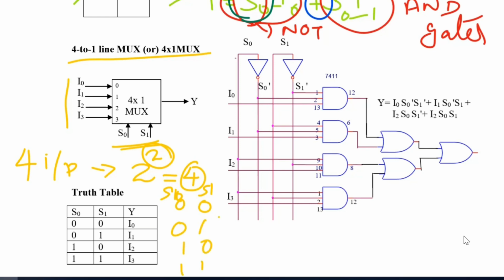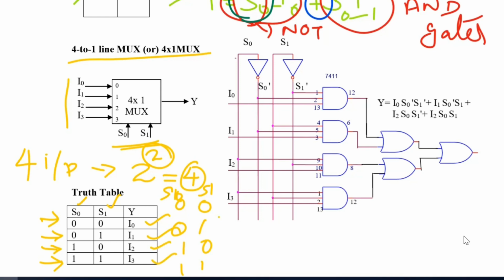So for 4 inputs we need 2 selection lines with 4 combinations. Like that, construct a truth table. What should be the output? For the first selection combination I0 is the output, for the second I1, for the third I2, for the fourth I3.